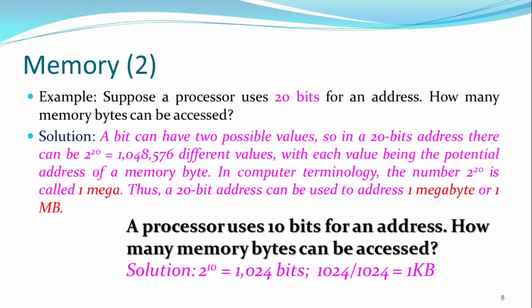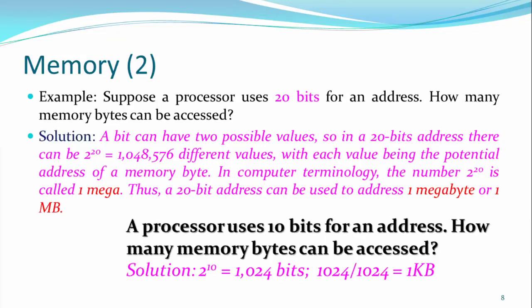Okay, the last sentence I said was that this is the way I'm showing you how your computer's microprocessor calculates the total size of the memory available in a computer.